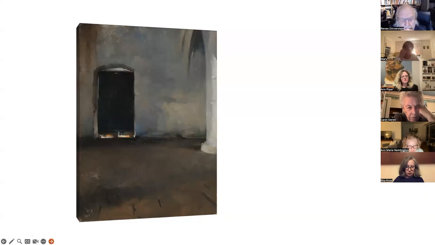And this painting and some of the naturalistic paintings made me think of a Danish artist named Hammershøi. Did we look at Hammershøi's work? Yes, yes.